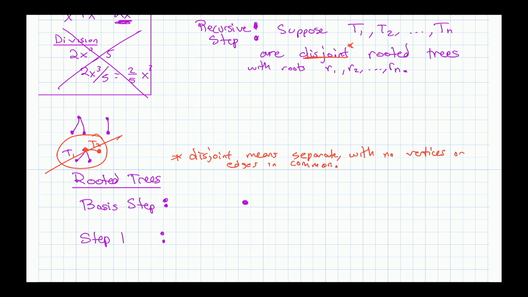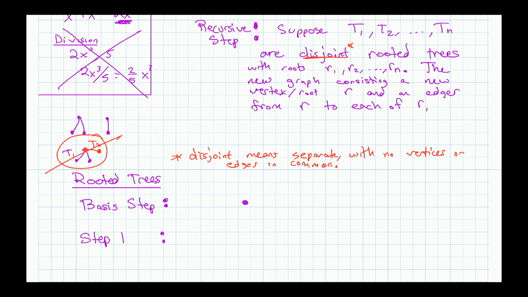So the new graph consisting of a new root R, and an edge from R to each of R1, R2, up to Rn.